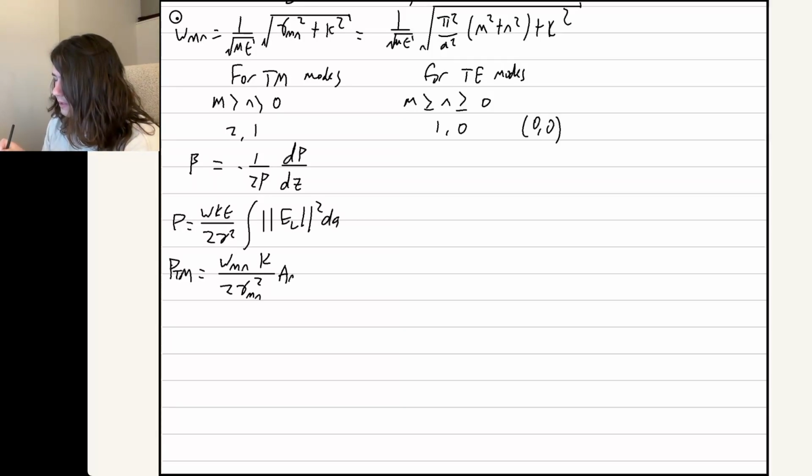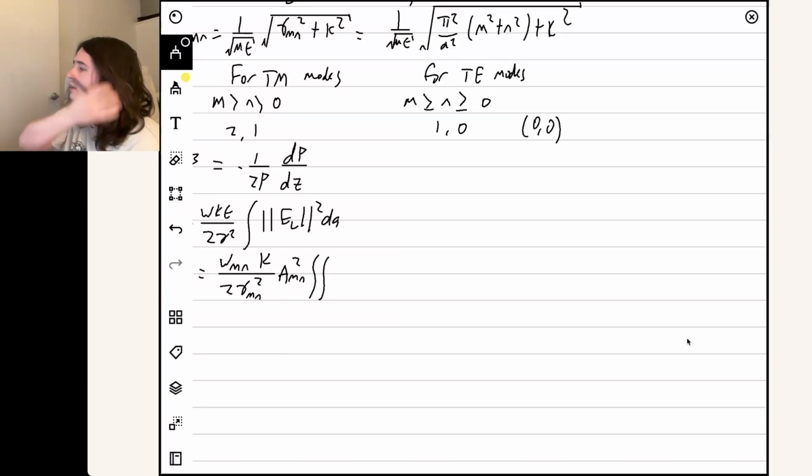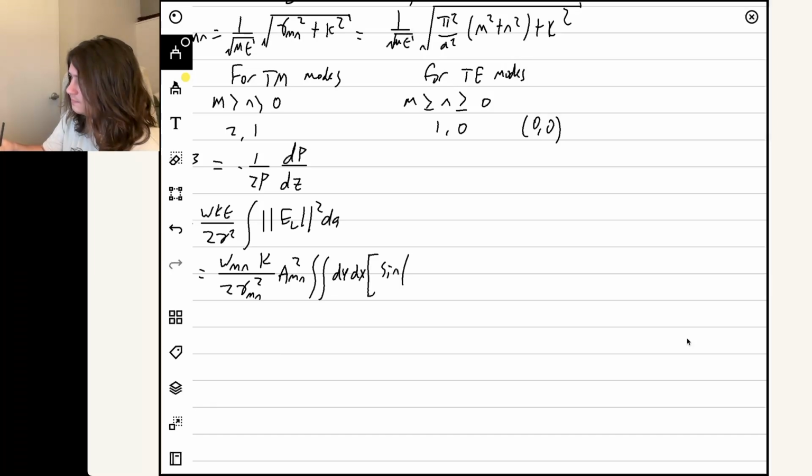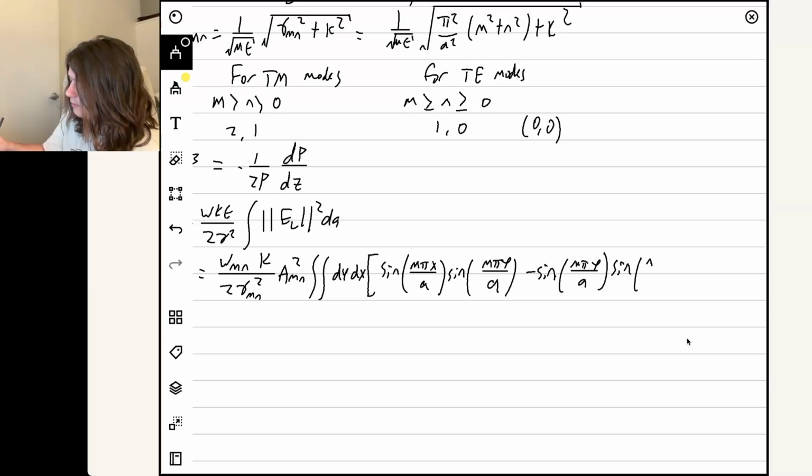Then that's going to be A_mn squared, and it's going to be the integral over x and y of the square modulus of our little guy here: sine m pi x over a, sine m pi y over a, minus sine m pi y over a, sine n pi x over a. And we're squaring all of that.